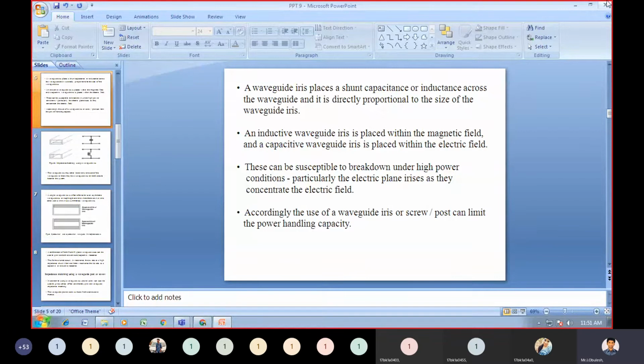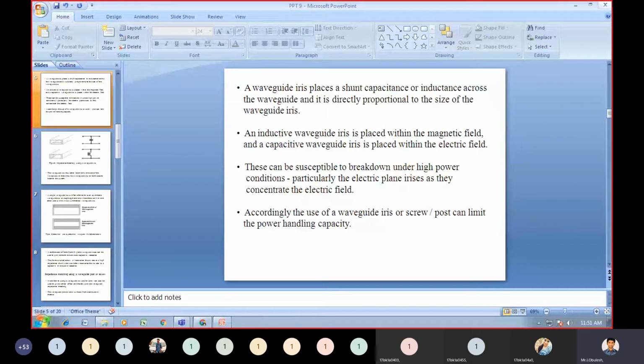This capacitance or inductance value will be directly proportional to the size of the waveguide iris.